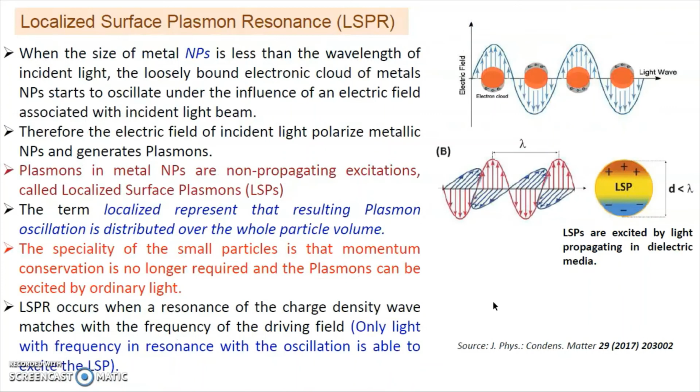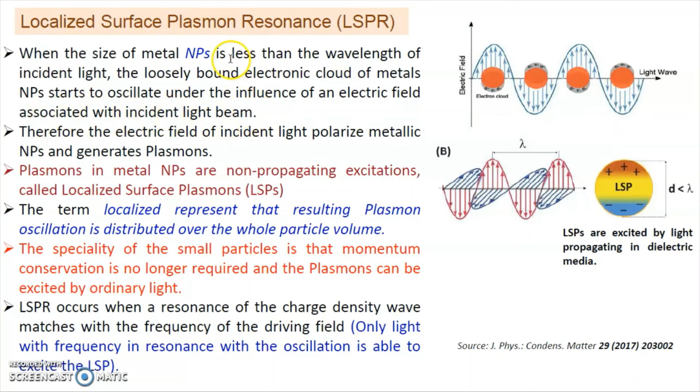Now let us start to understand the optical properties of individual nanoparticles and how light is interacting with these nanoparticles. When the size of the metal nanoparticle is less than the wavelength of the incident light, the loosely bound electronic cloud of the metal nanoparticle starts to oscillate under the influence of the electric field associated with the incident light beam.